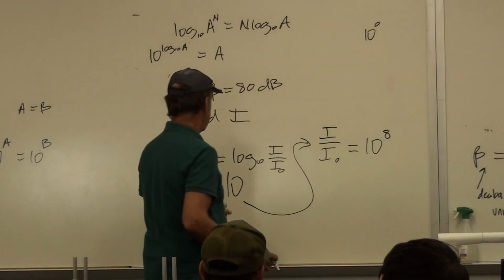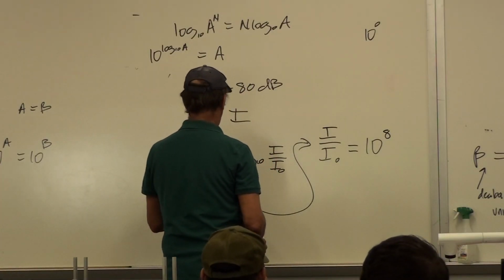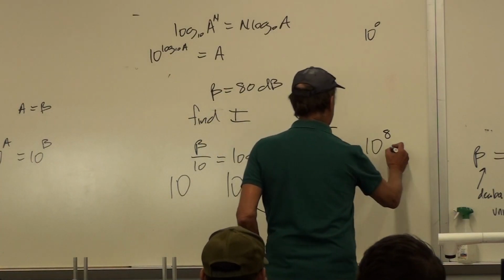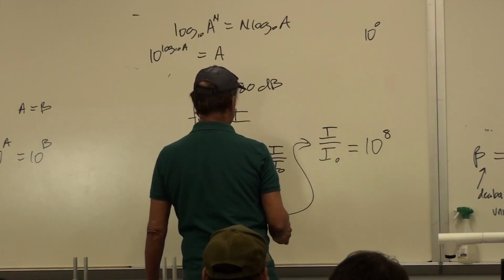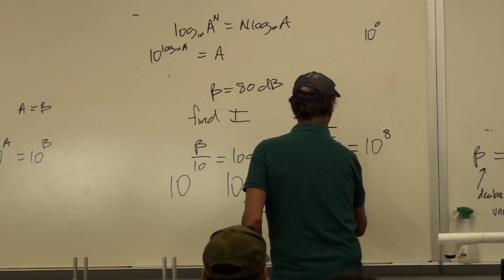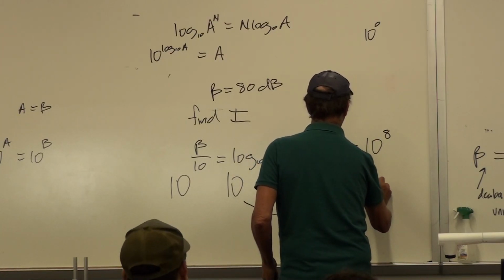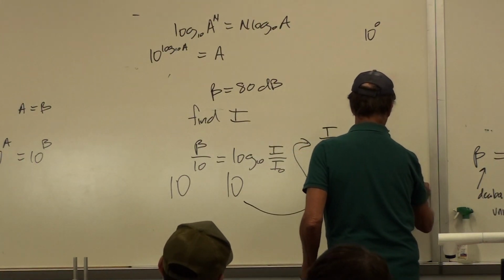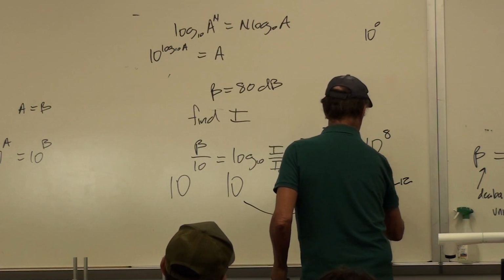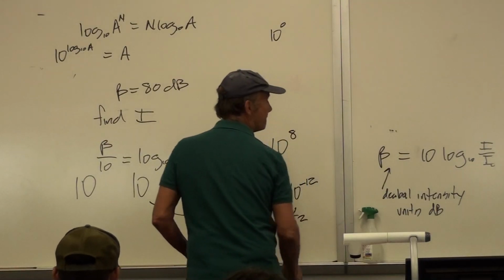Okay, so I over I naught then is going to be equal to 10 to the 80 divided by 10. So that gives me I is equal to 10 to the 8 times 10 to the minus 12. So that would give me 10 to the minus 4 watts per meter squared.